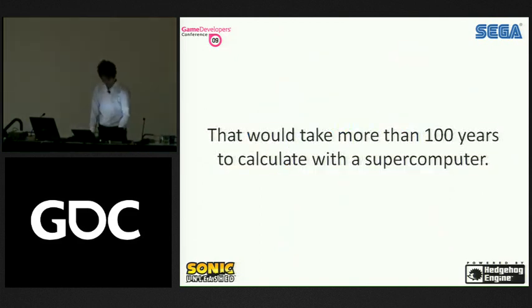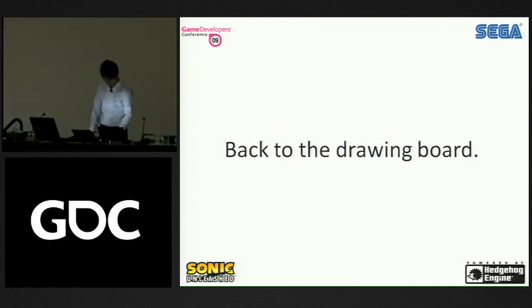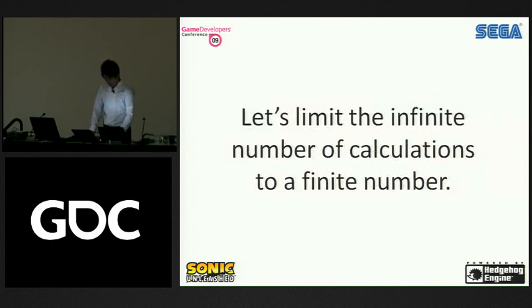Then that's 100 times 10,000, and that's 1 million particles. But if we were to use this kind of calculation, a supercomputer would take 100 years to come up with a result. So perhaps this is not the right approach, we thought. So we decided we better start over again.